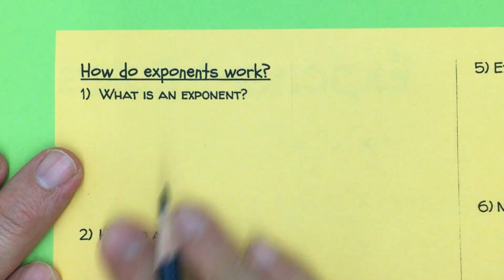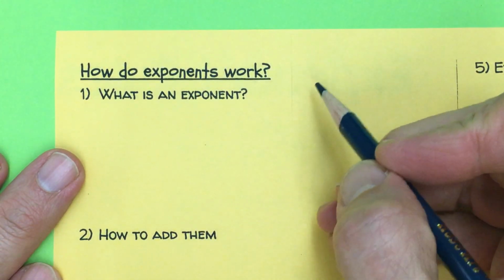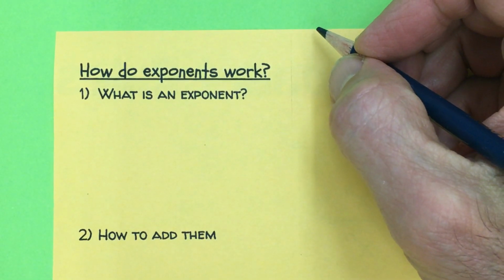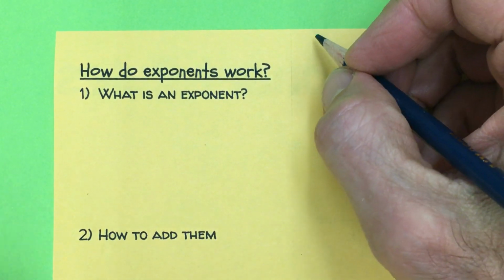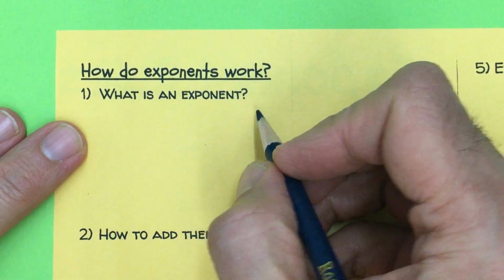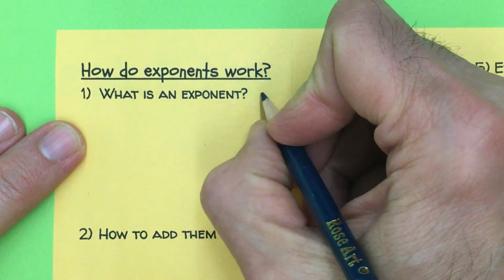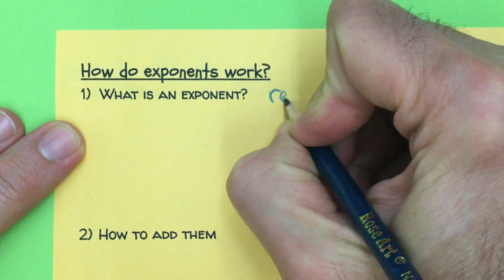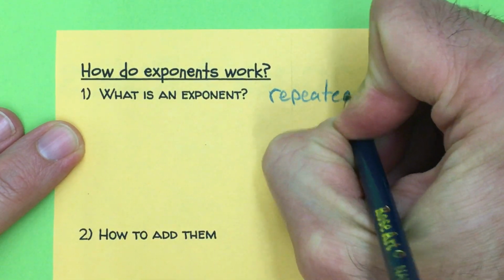This part of your notes, your left side, was going to be review from elementary school or junior high school. What is an exponent? We remember from a long time ago that they told us it was repeated multiplication.